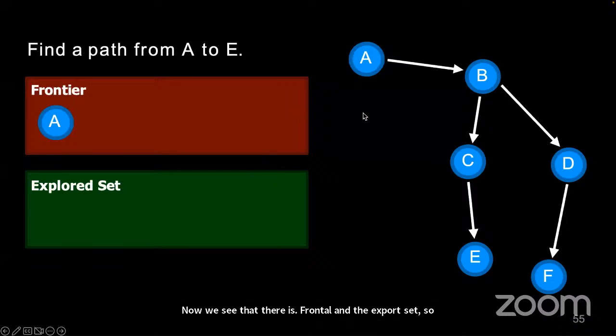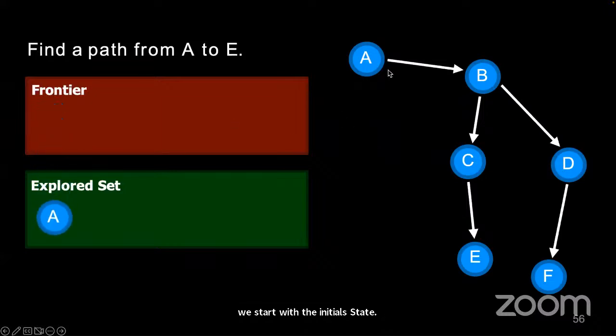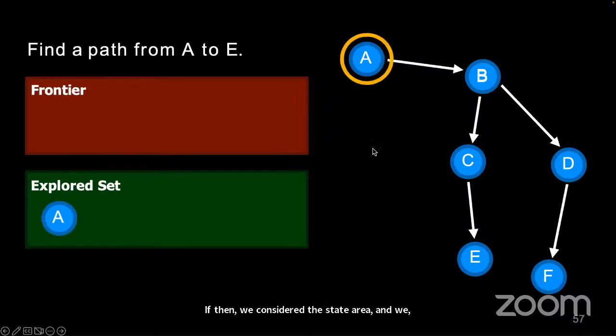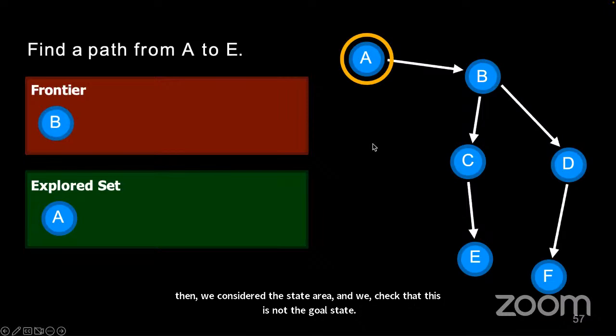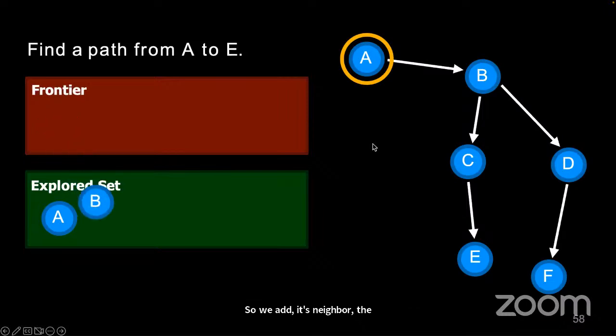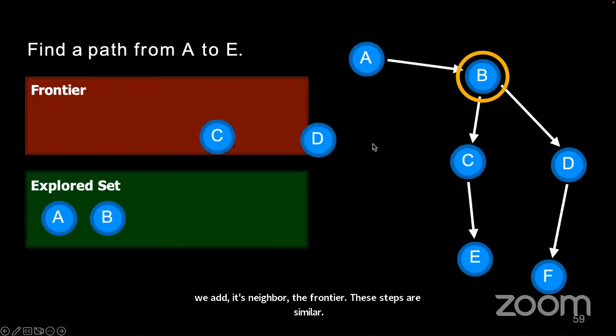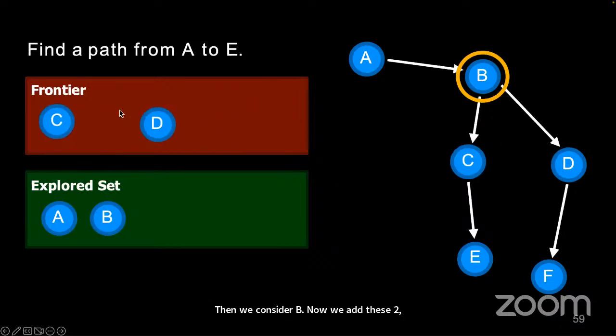So we start with the initial state A, then we consider the state A, and we check that this is not the goal state. So we add its neighbor to the frontier. These steps are similar. Then we consider B. Now we add these 2 nodes to the frontier, and as we said, we now use this frontier as a stack, and in this example the node D enters this stack last, so we consider this node first.